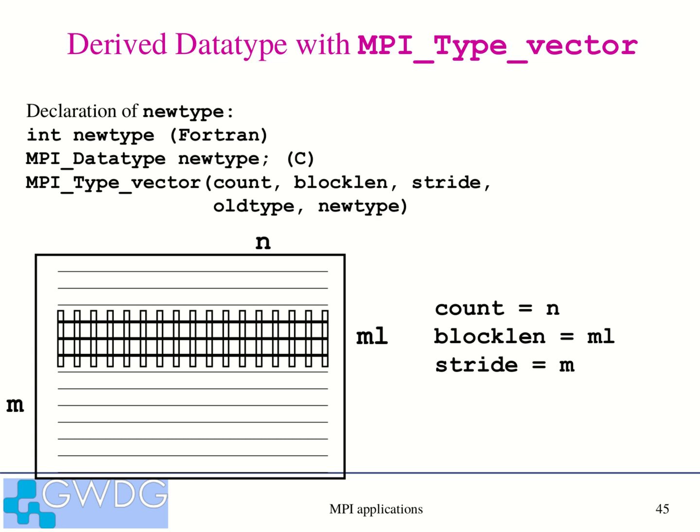Then you can use this new type to do the communication of the data without collecting them explicitly, because the system knows which elements are involved in an element of this type.